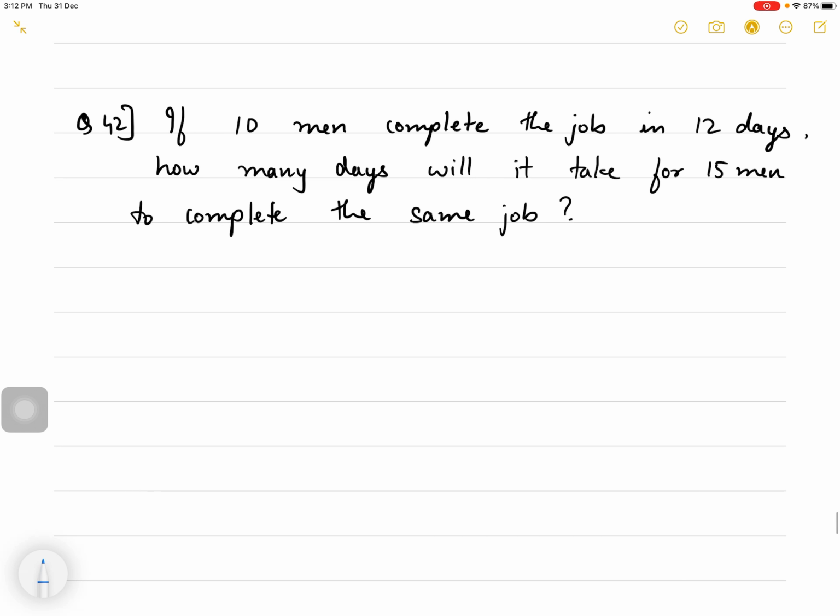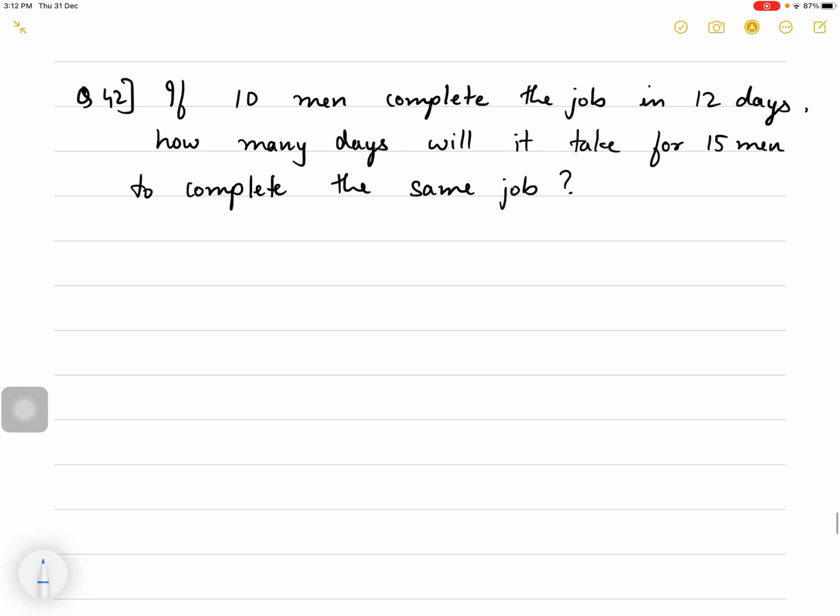Let's see the next question. If 10 men complete the job in 12 days, how many days will it take for 15 men to complete the same job? Now this is a similar question. This is a problem of inverse proportion, right?